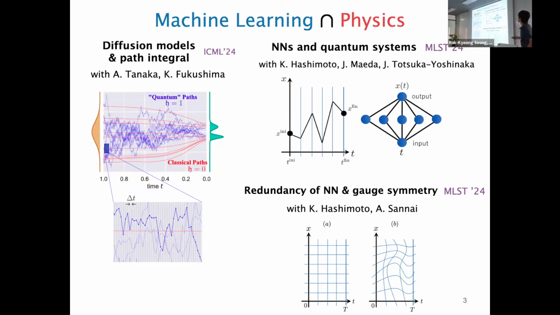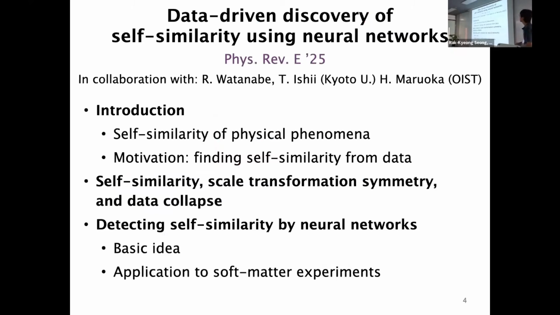For example, the topic of diffusion models and path integral, presented by Akinori Tanaka on the first day of the workshop, is in the latter direction. But today's topic, which is about finding self-similarity from data using neural networks, is the former direction. We are going to use neural networks to extract some physical information based on experimental data.